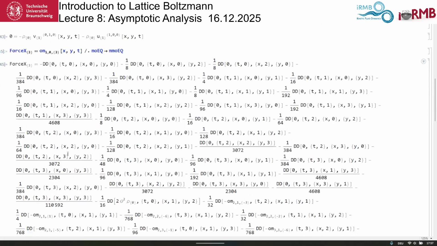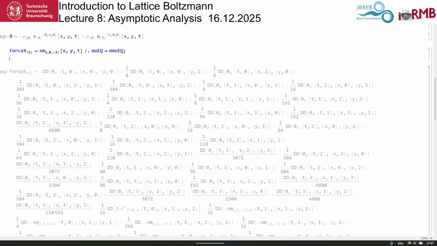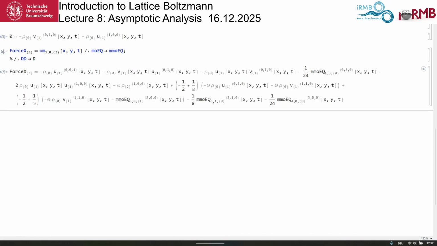And now we get these things, which look pretty complicated, but you see there are lots of derivatives of zeros in this. So maybe I'll do a replacement of dd by d, and here this is what comes about. Now you see we have these aliens here.